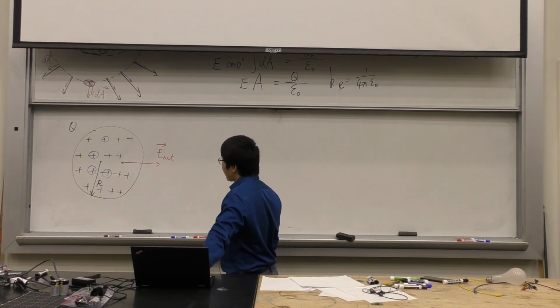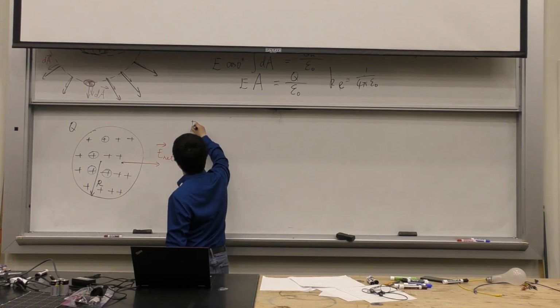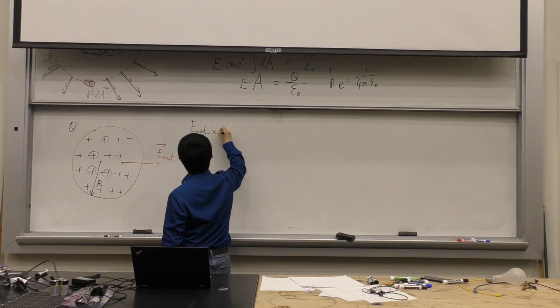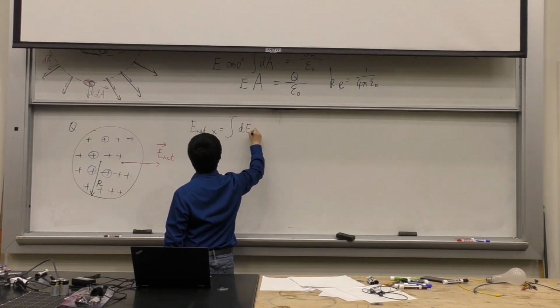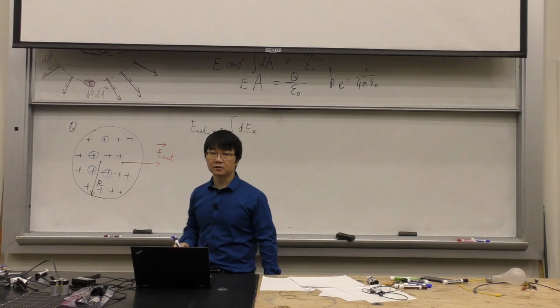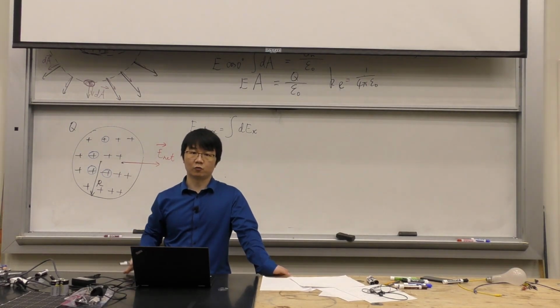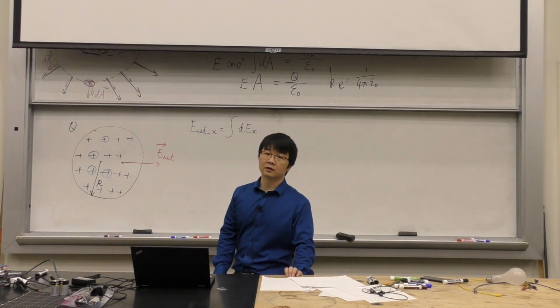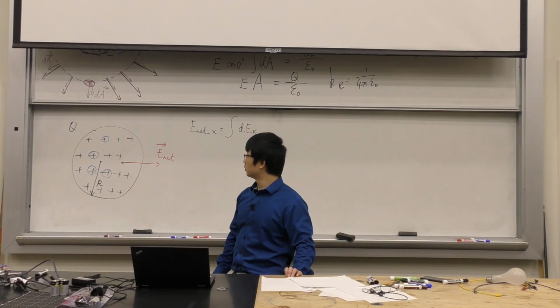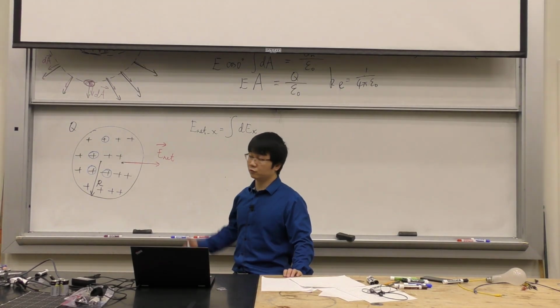Now, what about the magnitude, right? Okay, if you still want to use superposition principle, you're going to still do that, right? You're going to do this, equals, and you find the expression for dE_x, and then do this integral, do it the hard way, right? Now, we don't want to do that. We still want to use Gauss's law. We don't remember what we did.